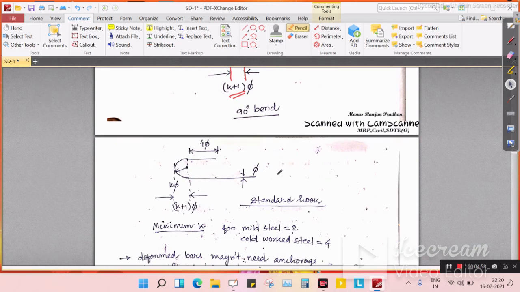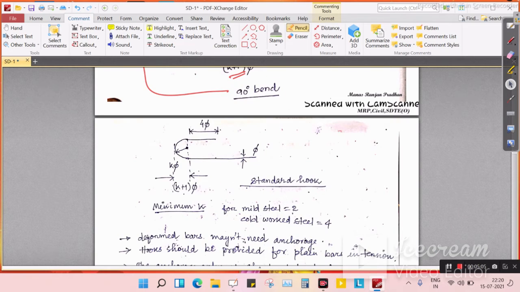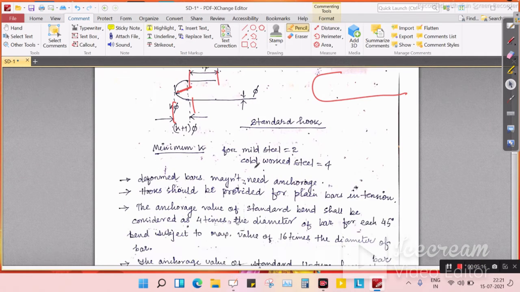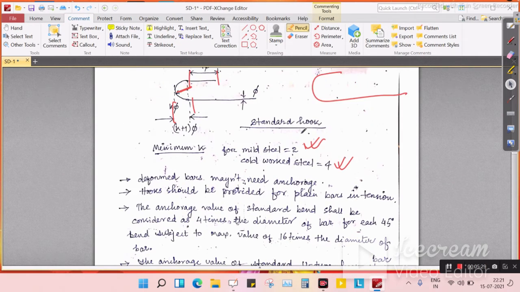For standard hook, this is the 90-degree bend, and this is our standard hook. So minimum value of k is 2 for mild steel. For cold worked steel this is 4. So these are some conditions for bars in tension.